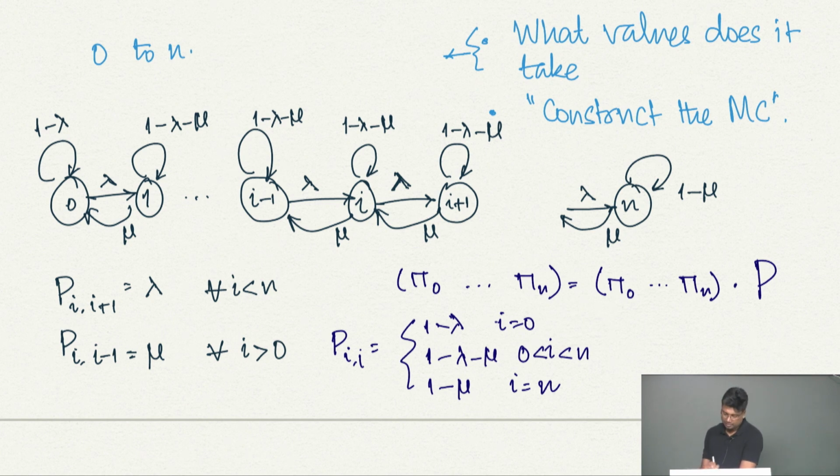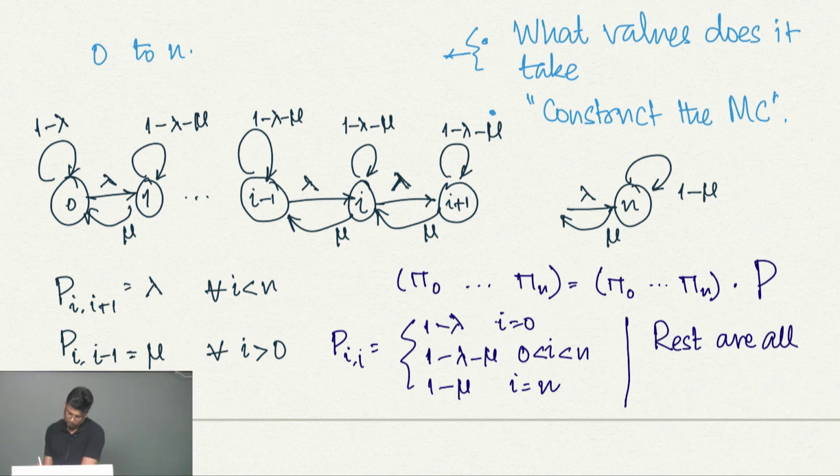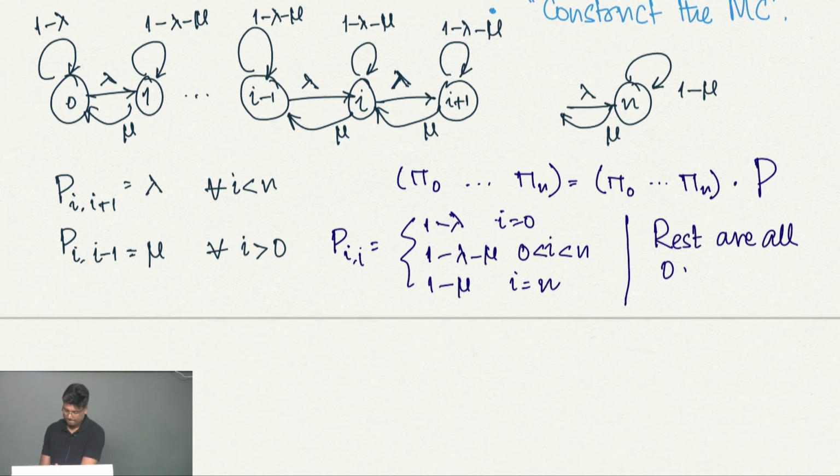The rest of the entries are 0. So every row in P has at most 3 entries. If I have to write the equations, what will my equations be like?